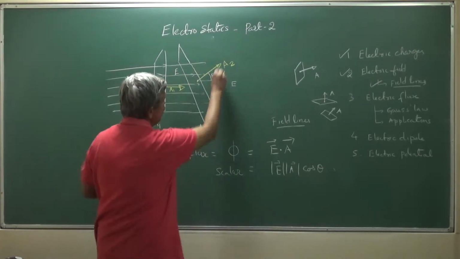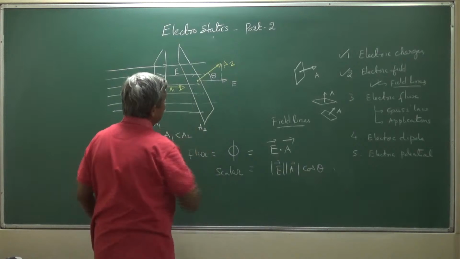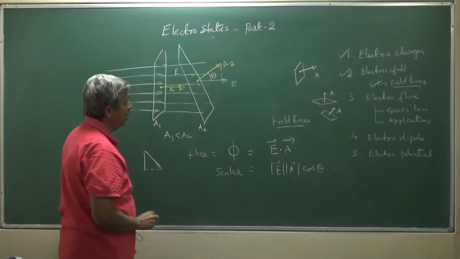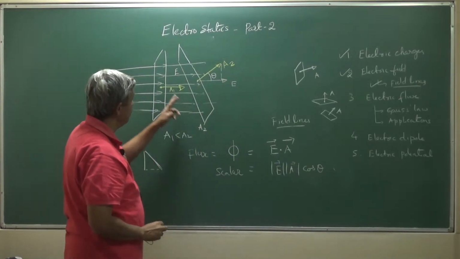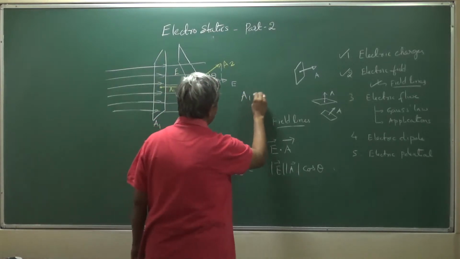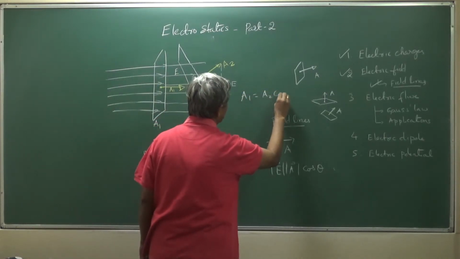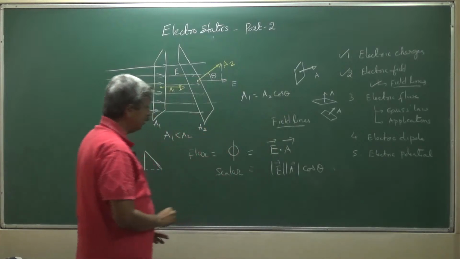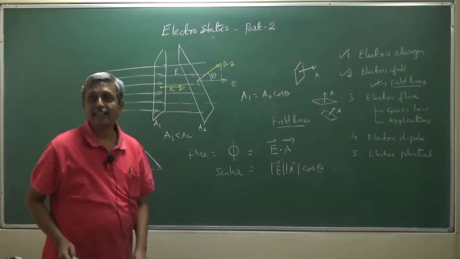A2 cos theta will be a smaller number. So if we multiply A2 cos theta by E, that will be equal to E into A1. So A1 is actually equal to A2 cos theta. Hence, the flux between these is exactly the same.